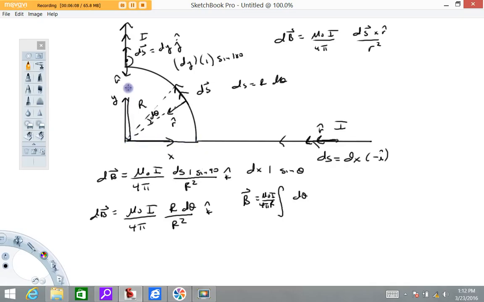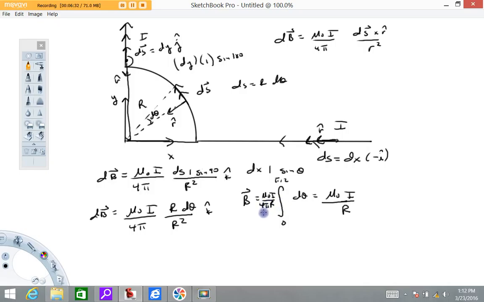Theta starts at 0, it goes to pi over 2. So this integral, it's not too tough to show that that's equal to pi over 2. So this thing is going to equal mu sub 0 I over r, and then we're going to have pi over 2 times 1 over 4 pi, I believe.